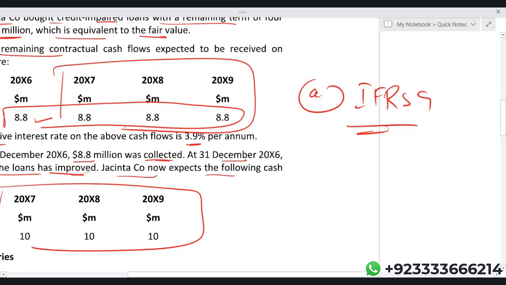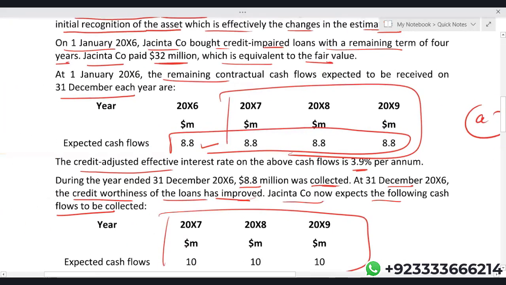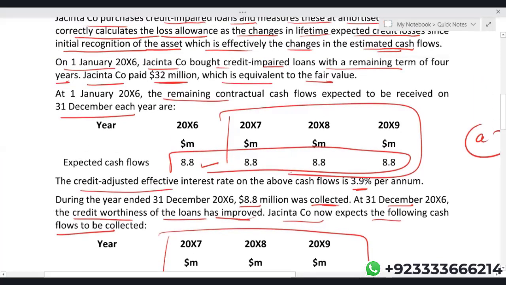Another thing is, when you have initially purchased the credit impaired investment or loan asset for 32 million, logically, you definitely know what exactly you have purchased.